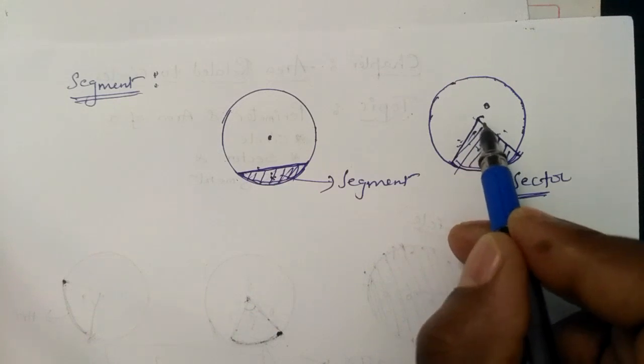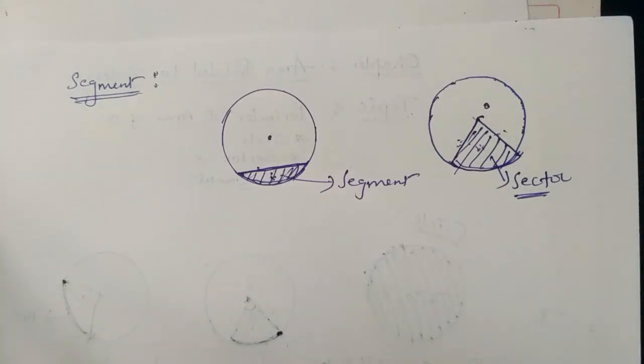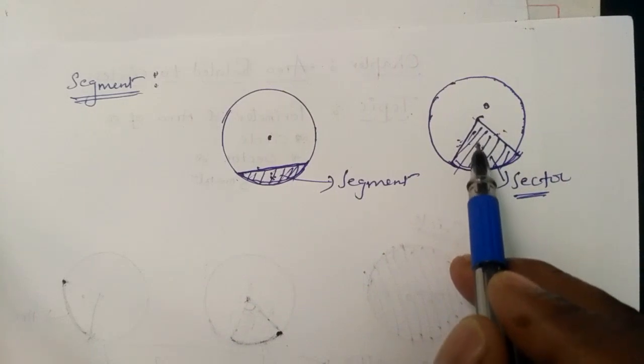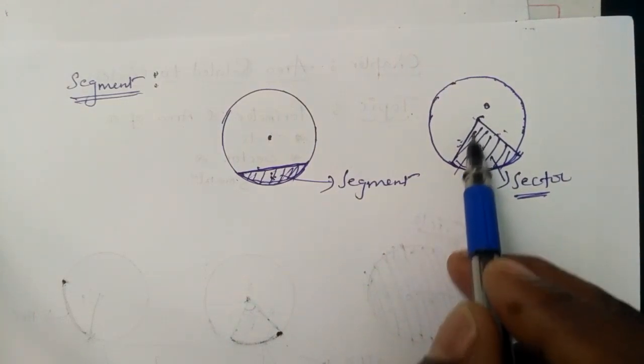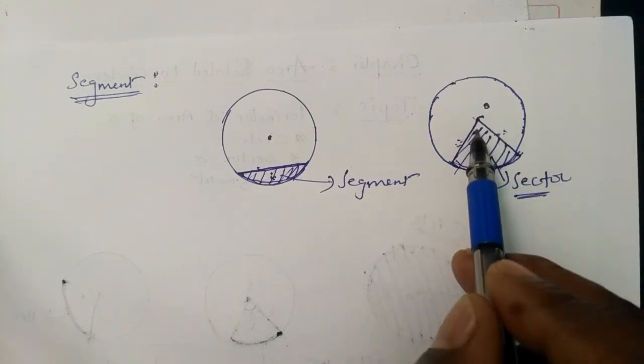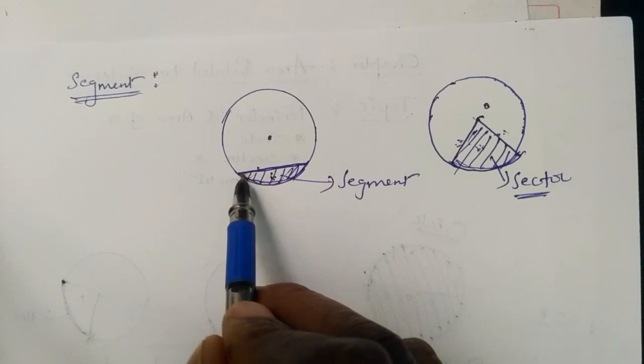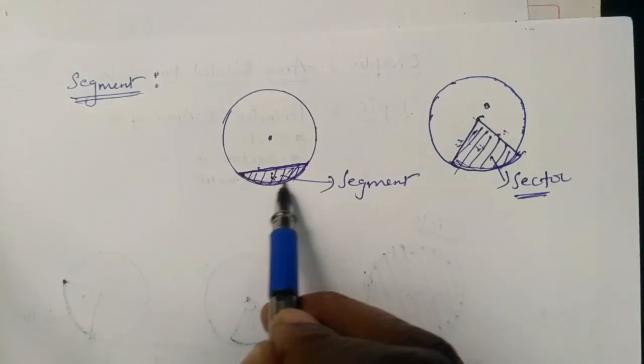In a sector we get 90 degrees or any angle at the center, but in a segment we don't get an angle, remember. So in a sector we get an angle at the center, two radii and an arc. But in a segment only a chord and an arc.